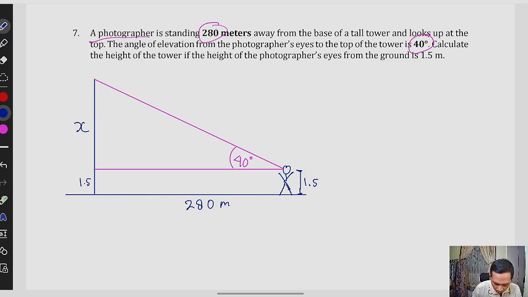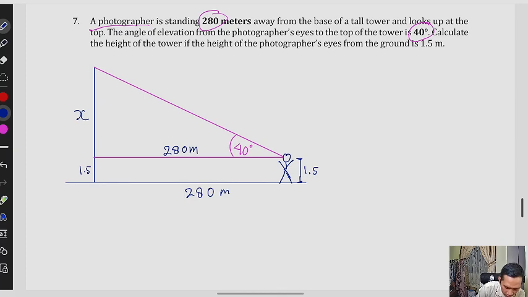Okay, we have 280 meters. This one is also 280 meters, which is the projection there. And we have this 40 degrees. Let's identify that x is the opposite, because it's opposite to 40 degrees, and the 280 meters is the adjacent.